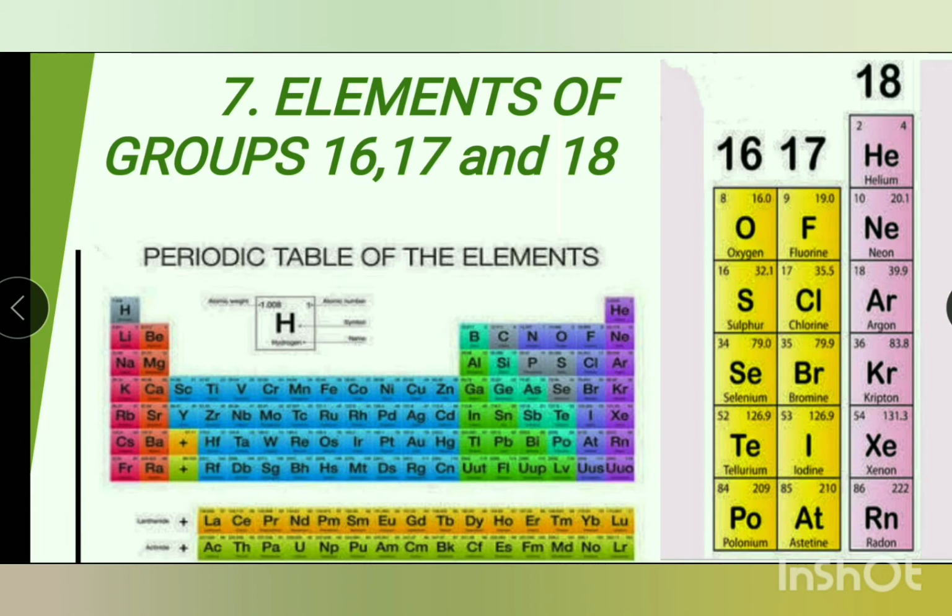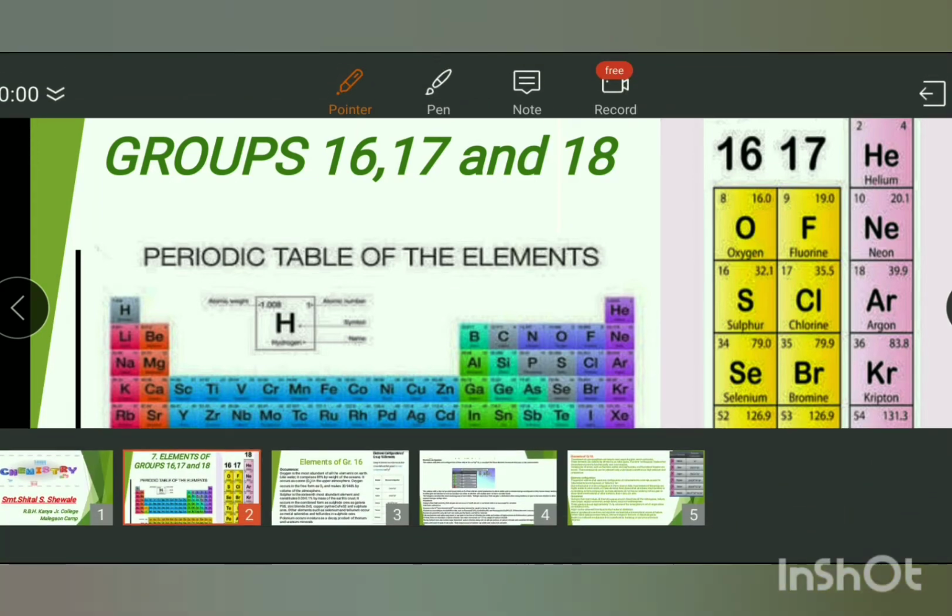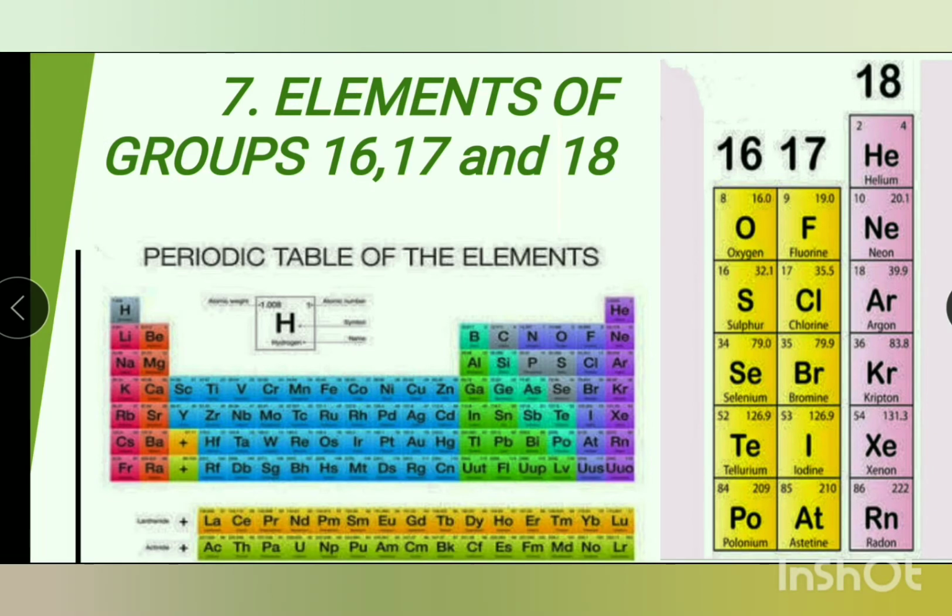The overall periodic table can be divided into 4 blocks. On the left there is the S block. This S block consists of group first and group second elements. On the right of the periodic table the P block is present.